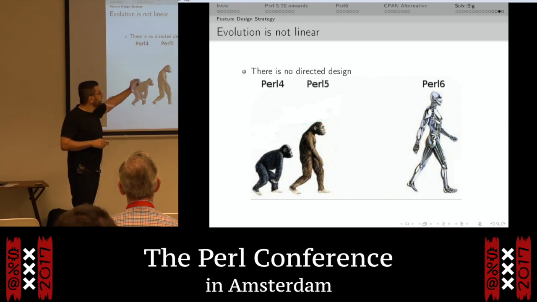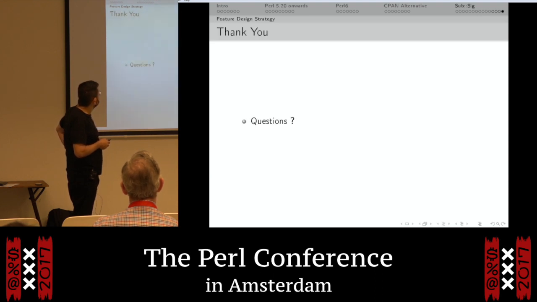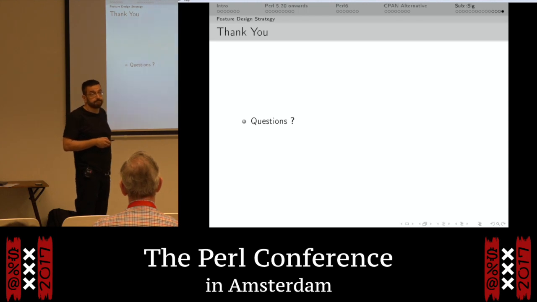And it was never a linear thing. Then we had branches, and sometimes the Neanderthals were interbreeding with the other Homo sapiens. So what we need is a way to have a lot of varieties in our solutions to design a Perl 5 which is more competitive. Thank you. Questions?